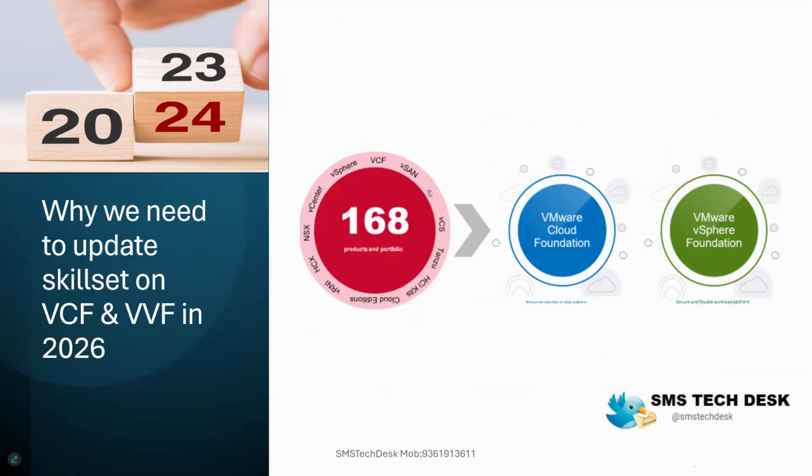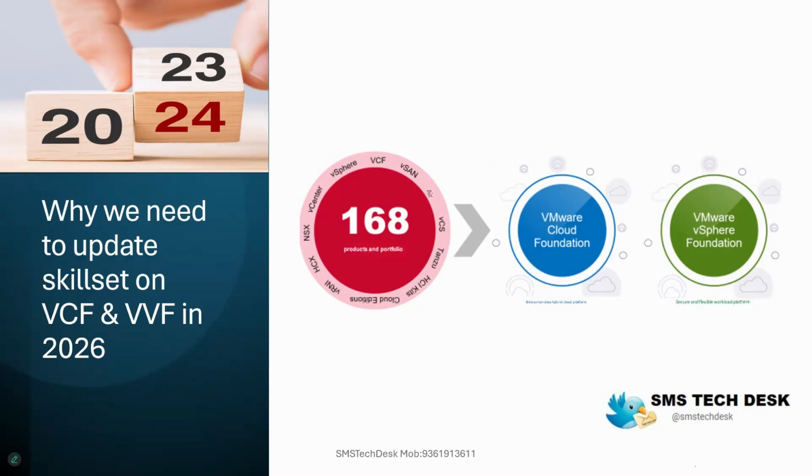This slide explains a very important change from VMware. Earlier, VMware had around 168 different products and tools in their portfolio. You can see things like vSphere, vSAN, NSX, Horizon, ARIA Suite, and many more products.